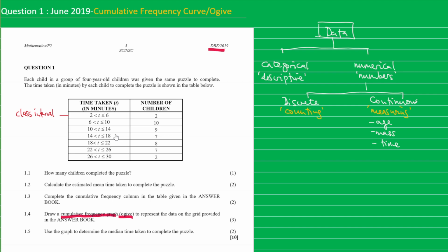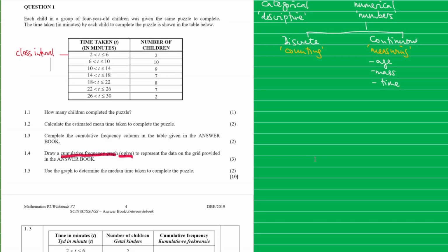I just felt that I should explain that before we get into this question, because you will see some questions that ask us to process this data in such a way that it is continuous and not discrete.